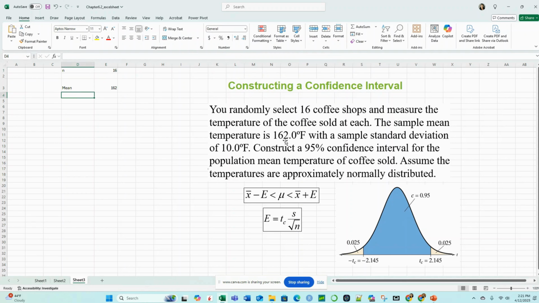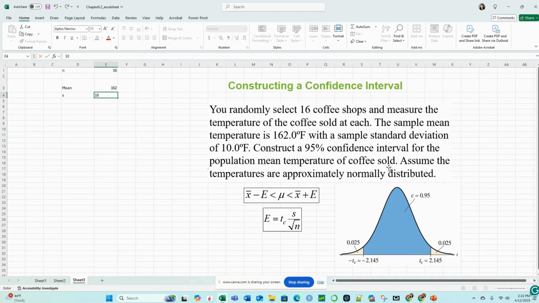And then we have the sample standard deviation, not the population standard deviation. Definitely, sigma is unknown. That means s is 10. Then we have to check that the data is normally distributed or the sample size is greater than or equal to 30. If you read the last sentence, it says assume the temperature is approximately normally distributed.